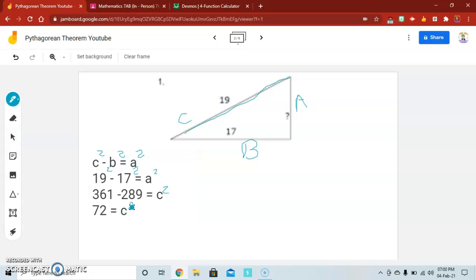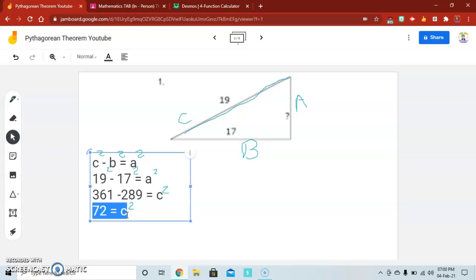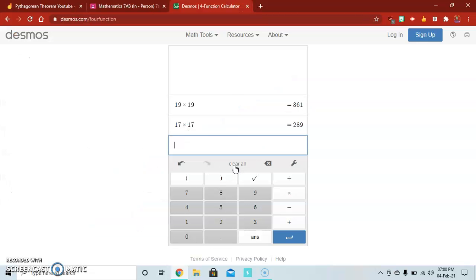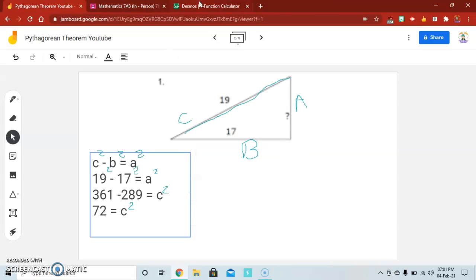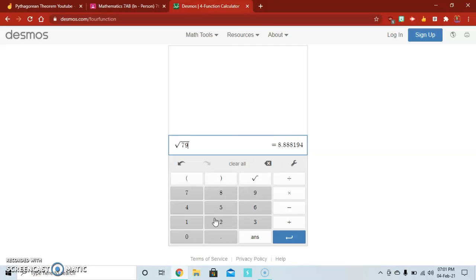And then this is the part where you really need to use the calculator. To find the answer, because we're not done yet, you're going to go to your calculator. You're going to go where it says this little check mark here, and you're going to type the answer you got, which is 72. 72, not 79. If it tells you to round to the nearest tenth, you will, or to the nearest hundredth, you will.